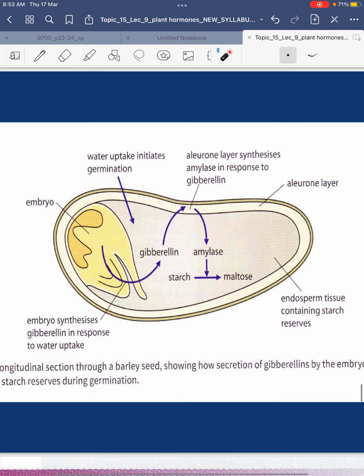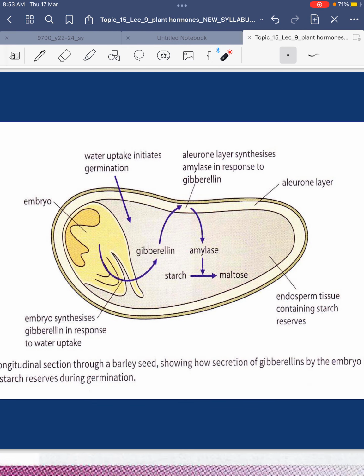Now this is the sequence, as you can see here. In order for seeds to begin the process of germination, they must absorb water. Without water, germination cannot start.